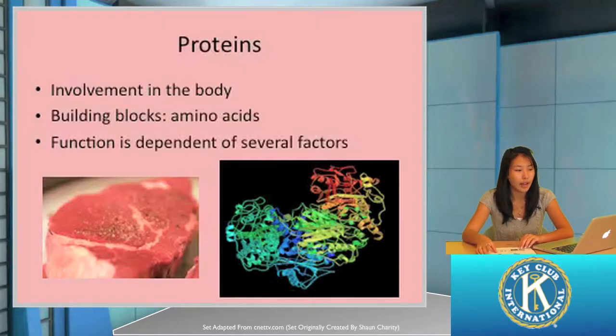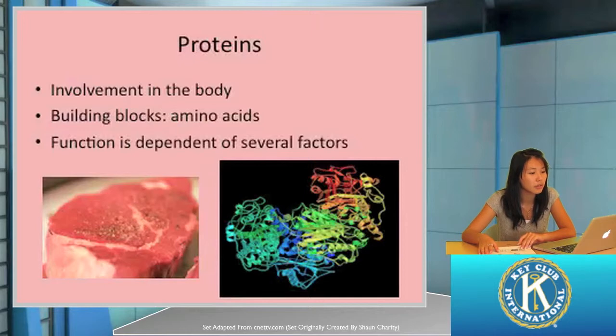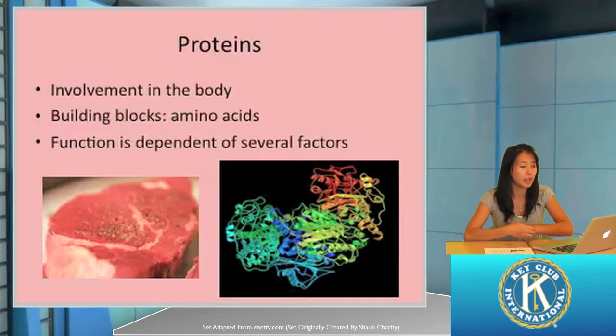The picture on the lower right-hand corner is what a protein looks like, and I would guess that's the quaternary structure, the most complicated compared to the primary or the tertiary.